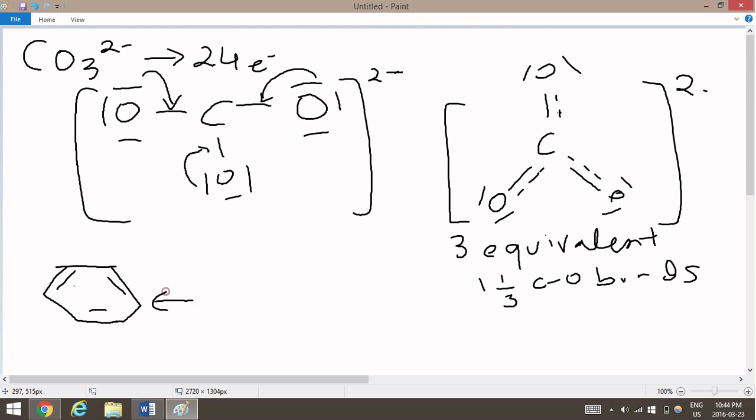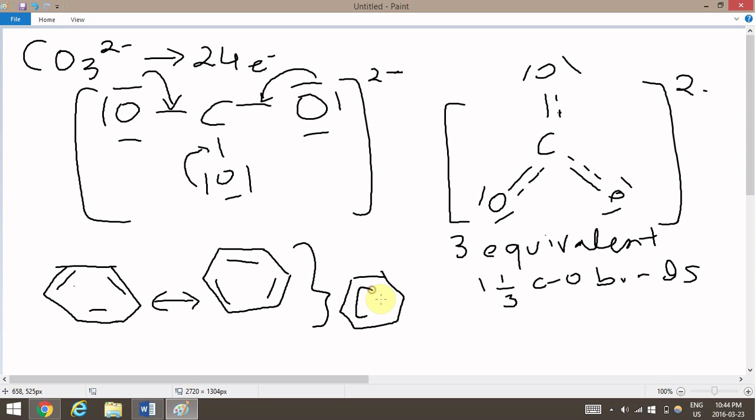So it can either be like that, or it can be like this. That's why most of the time when we draw benzene, we simply draw it as a hexagon with a circle in the middle, because those 3 double bonds can be at any one of these 2 positions. And these are resonance structures as well.